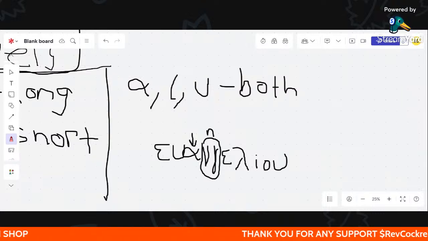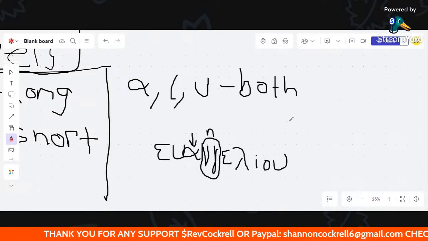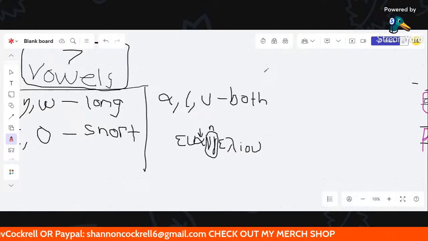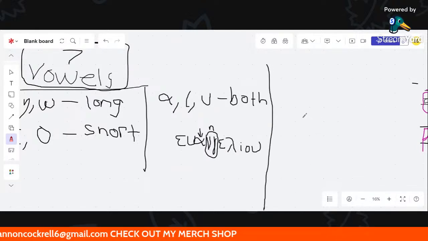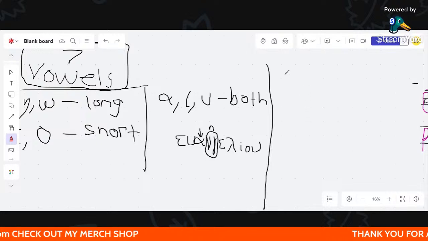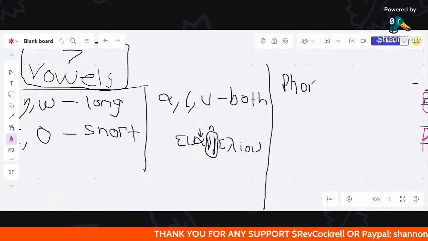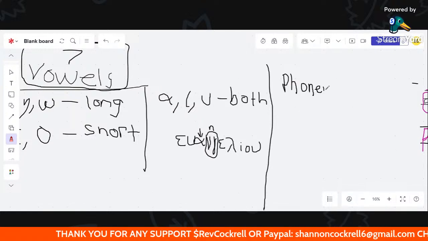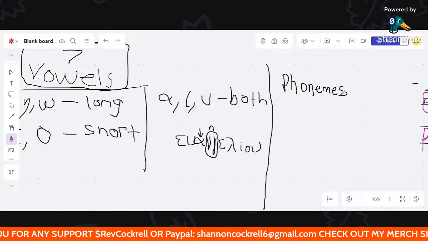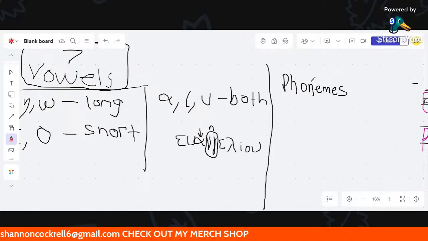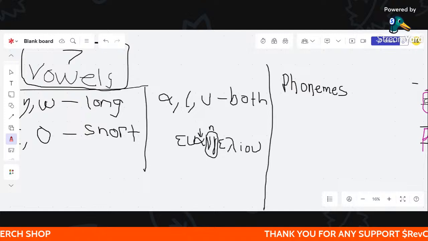The sounds that the Greek makes, represented by the letters, these are called phonemes. Phonemes, from the Greek phone, which means sound. Phonemes are the smallest elements that contrast with each other.